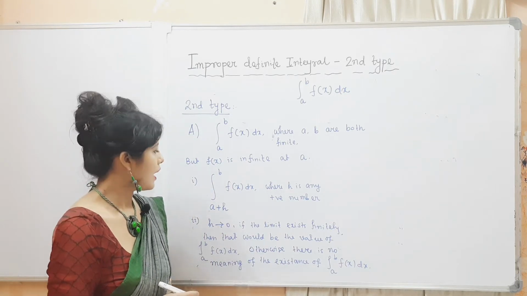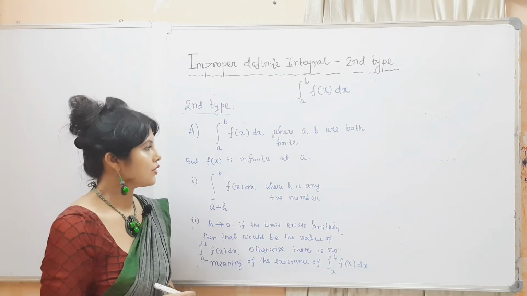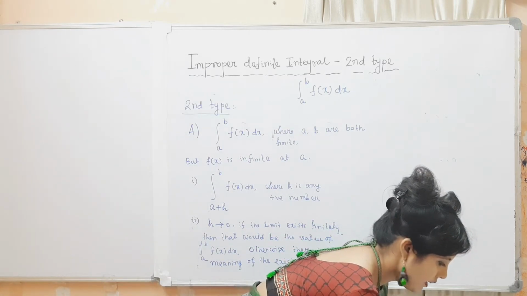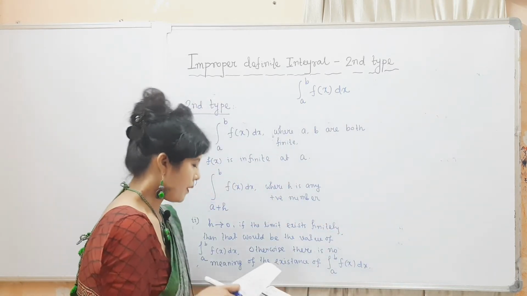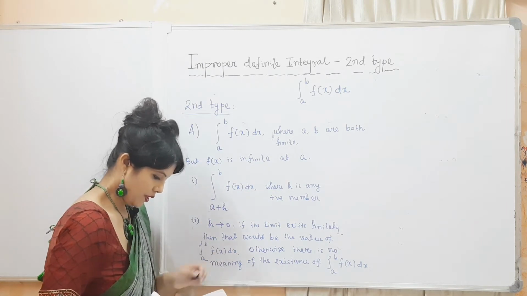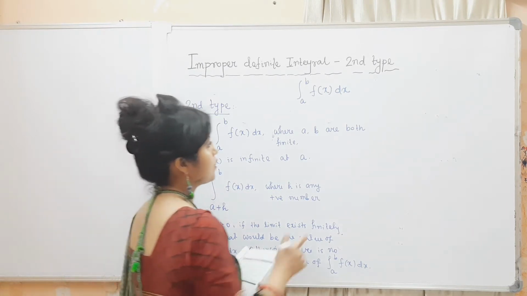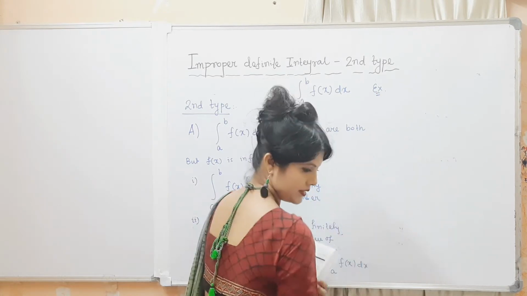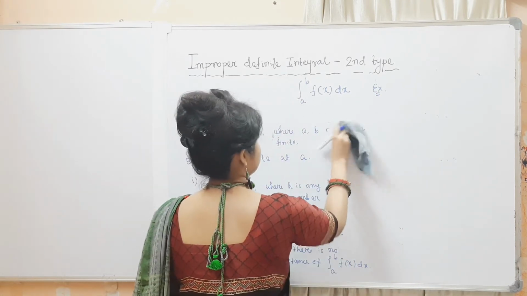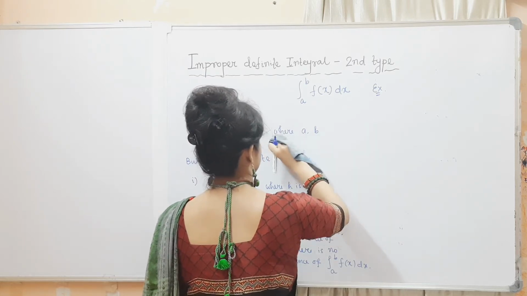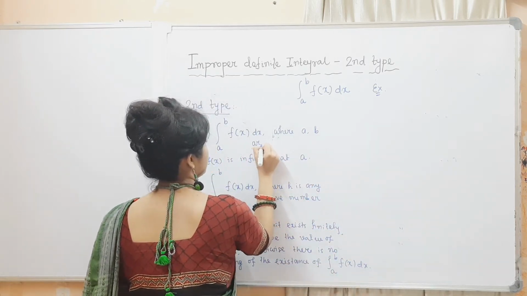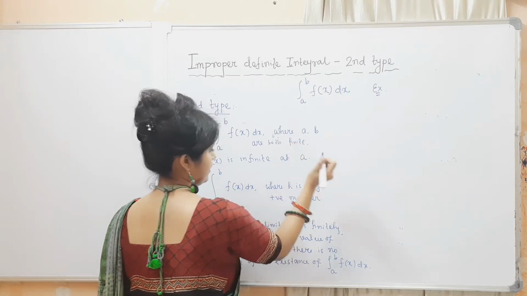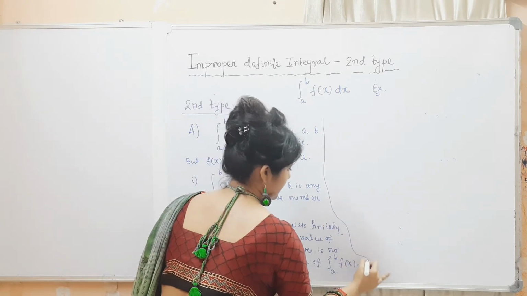So I think I should discuss a problem so that you can gather some idea very clearly about this statement. So the first problem is, I am writing here, and we are both finite. So that is the statement, right?